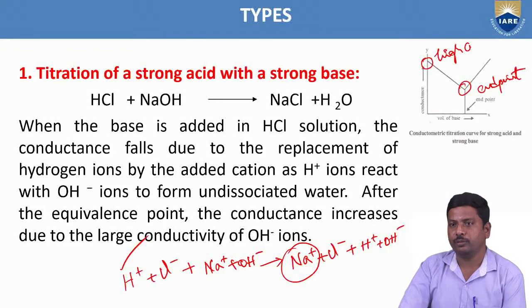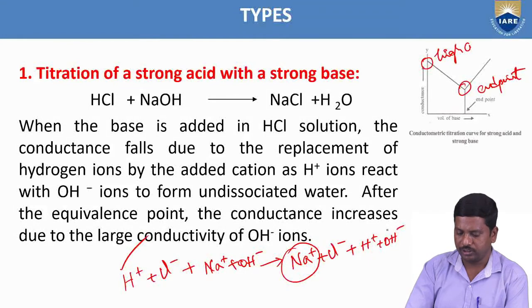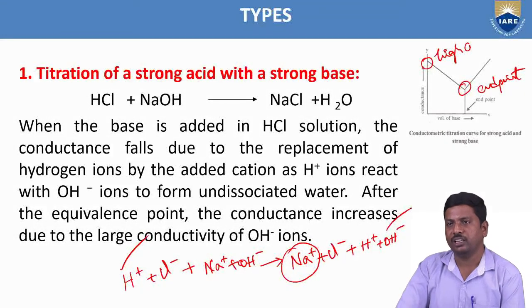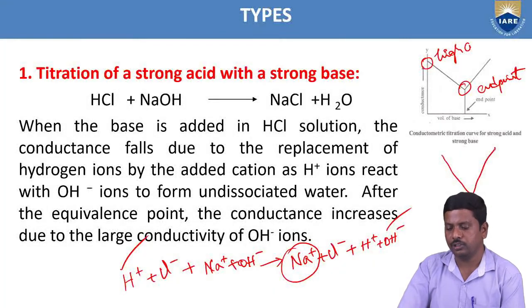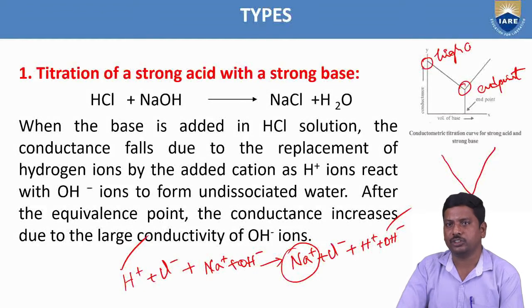But after the end point, because of the excess OH minus ions, the conductivity rises again. So that's why we get a graph that is a V-shaped curve. This is the main reason involved in the titration of strong acid with strong base.